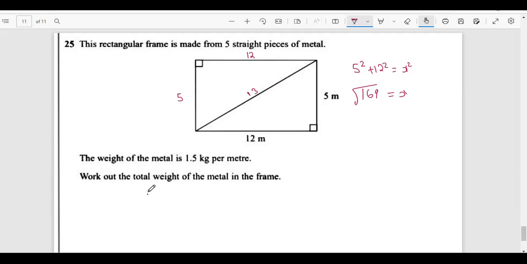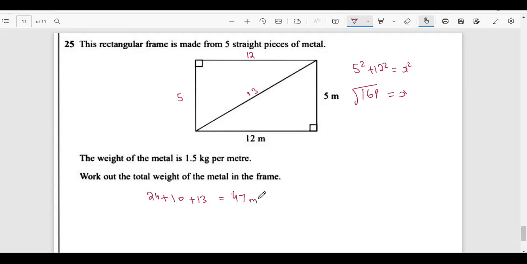Let's find the sum. So it is 24 plus 10 plus 13, and that is going to give me, okay, I think that is why you wrote 47, if I'm not wrong. So it would give you 47.